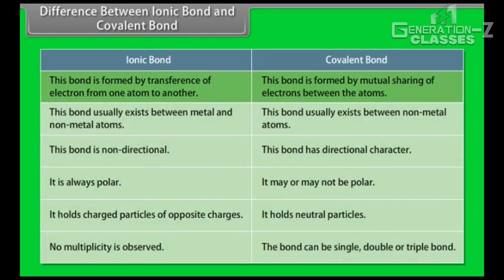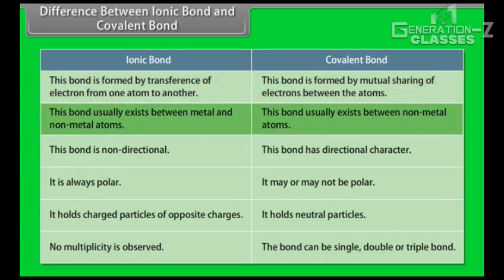Differences between ionic bond and covalent bond. An ionic bond is formed by transference of electrons from one atom to another, whereas a covalent bond is formed by mutual sharing of electrons between the atoms. An ionic bond usually exists between metal and non-metal atoms, whereas a covalent bond usually exists between non-metal atoms.